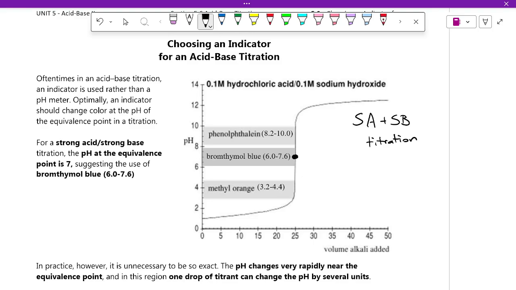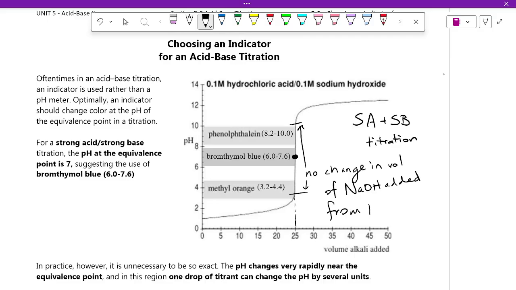The equivalence point takes place at 25 milliliters, and really there is no change in volume of NaOH added from pH 3 to pH 10.